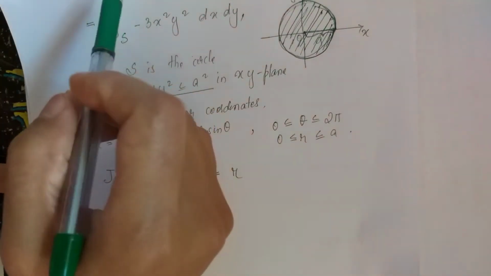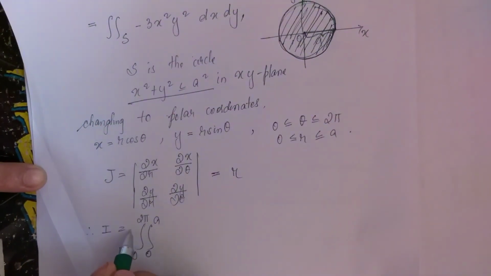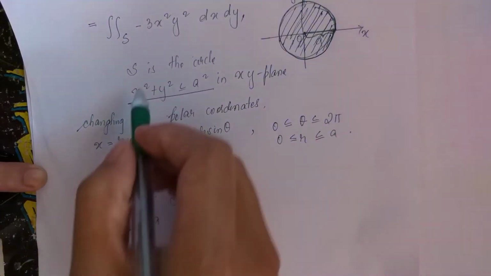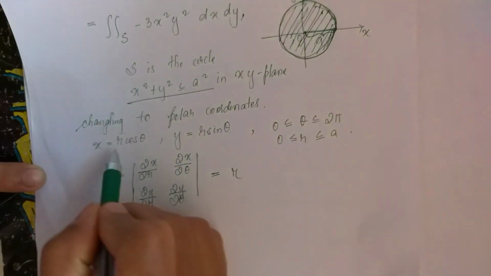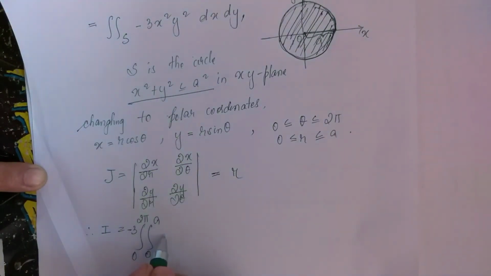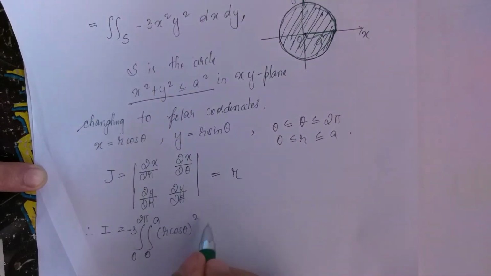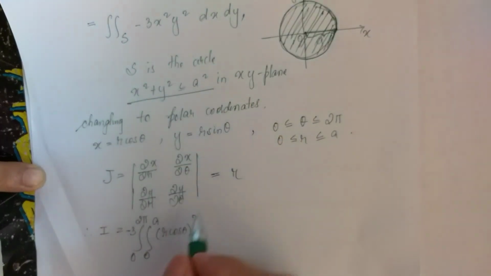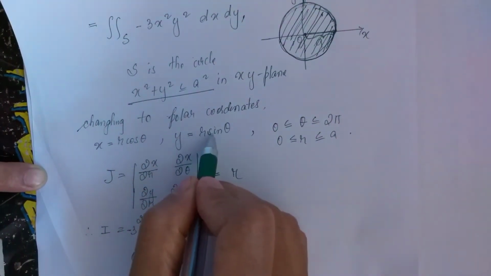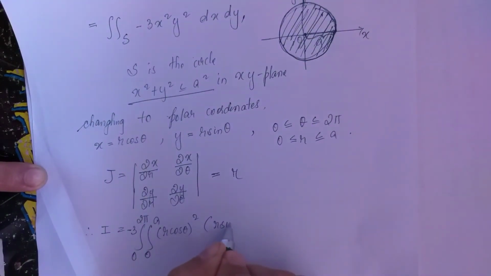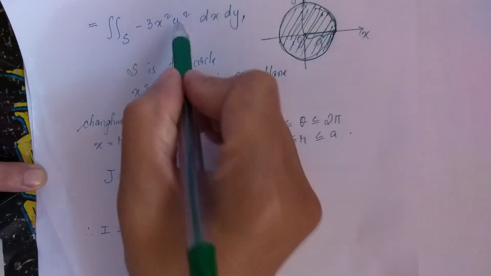Let's take minus 3 outside. Then x squared, where x is r cos theta, so (r cos theta) whole squared, and y squared, where y is r sin theta, whole squared.